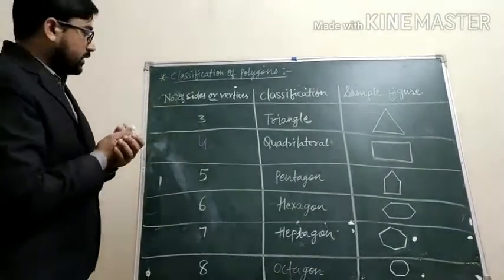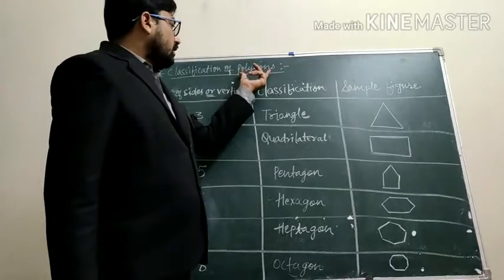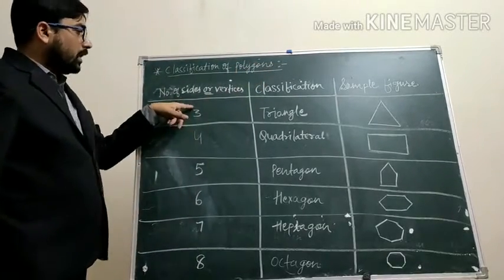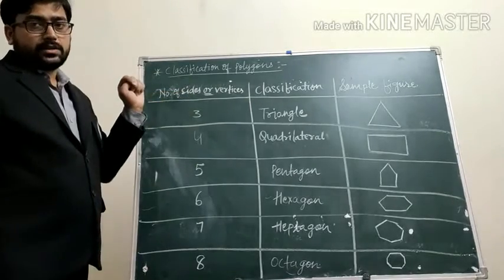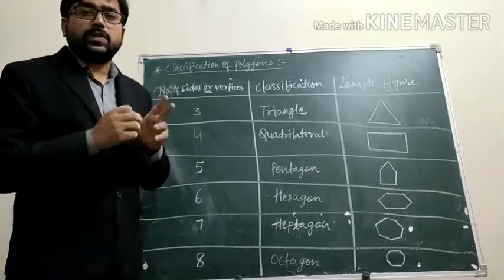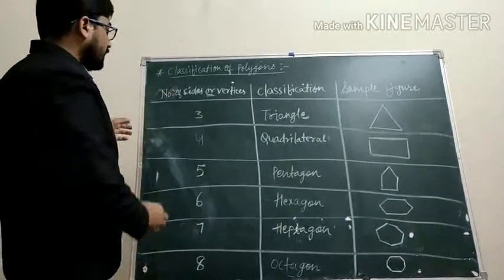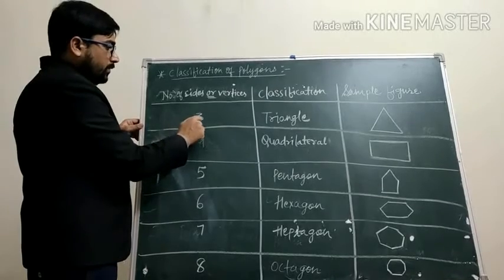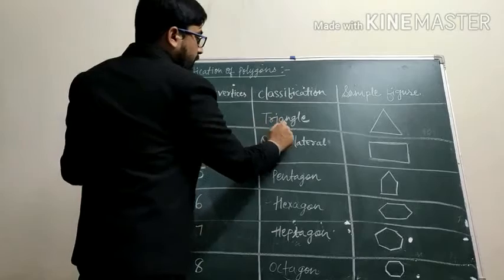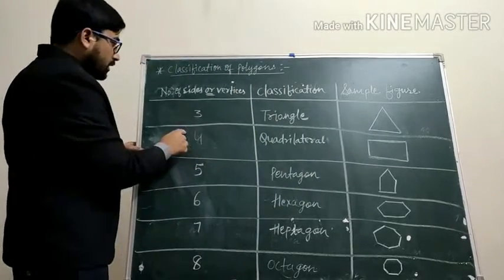How does that figure look? Under polygons we can't take one or two sides, because with one or two sides we can't draw a closed polygon. So we will start from number of sides 3. A three-sided figure is called a triangle and the shape of a triangle is this.